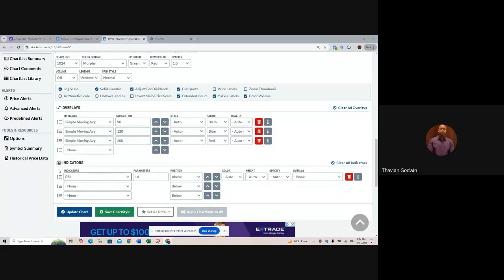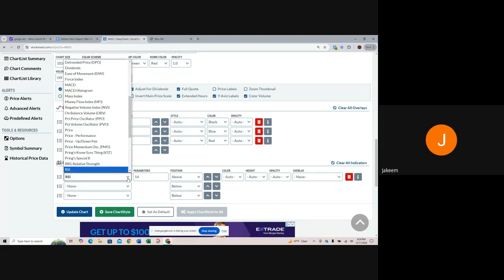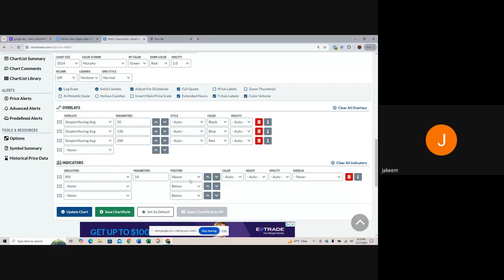Yeah, RSI is down here under the indicators. Oh, I thought he put it where it says none, because on the video I could have sworn that he put it under where it says none, and then he put in 100, I think 120 or something like that.